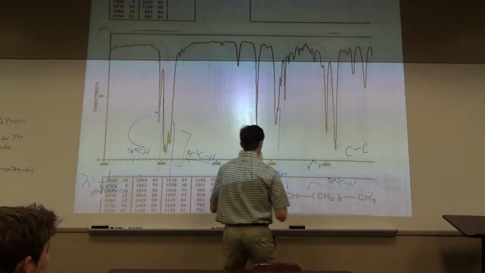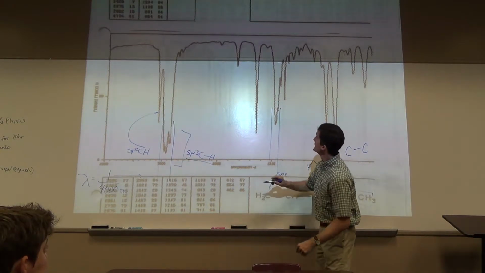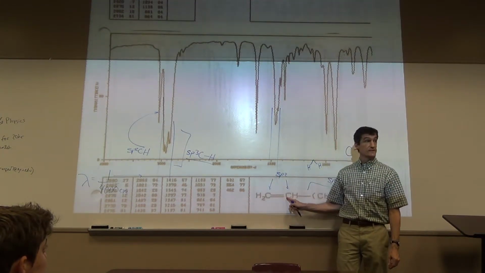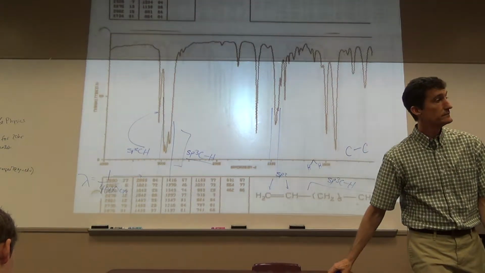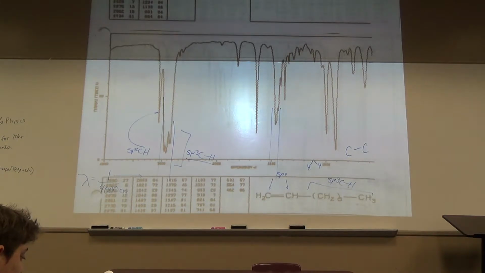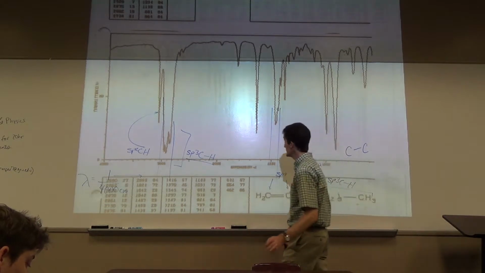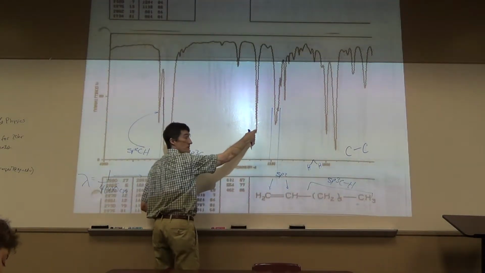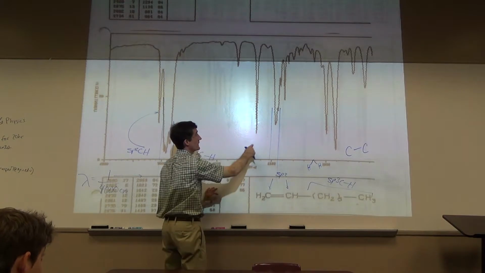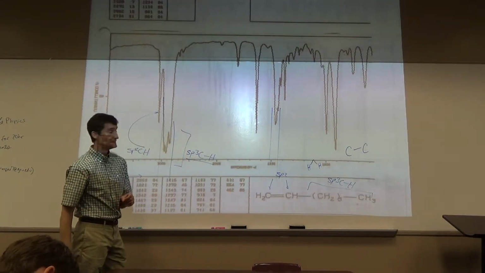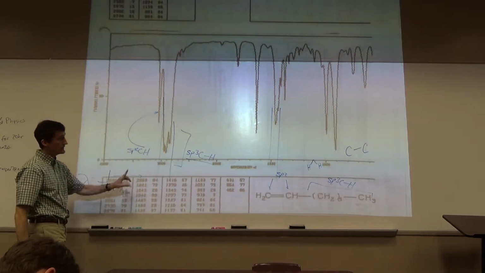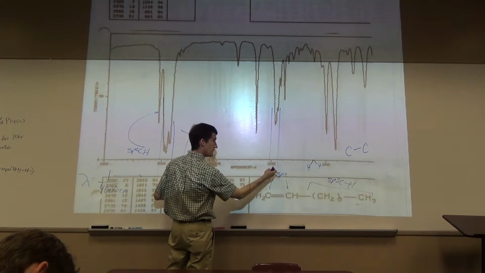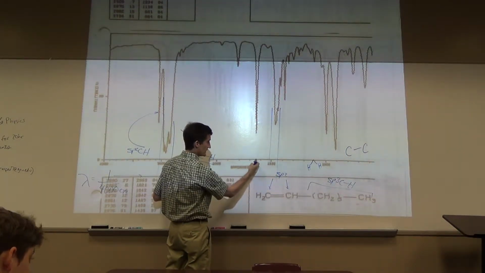What else do we expect different from above? Fingerprint is about right here. We have a C-C double bond. Where does that say in the table? Alkene, about 1650. Do we have a peak at about 1650? I think we do. See there? It was not in the above spectrum, was it? I'll always give you this table, and we can get the exact wave number. 1500, 1600, it looks like about 1640.